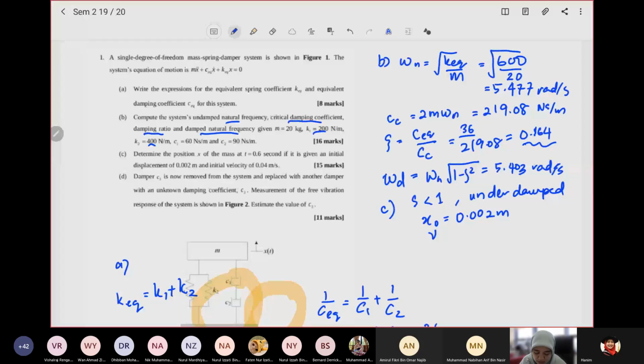Your x naught is the initial displacement, and your v naught is your initial velocity here, which is 0.04 meter per second. You substitute into A and you should get 0.008.